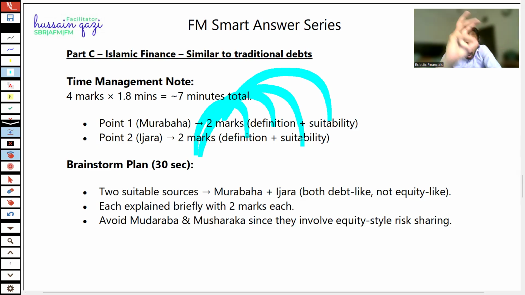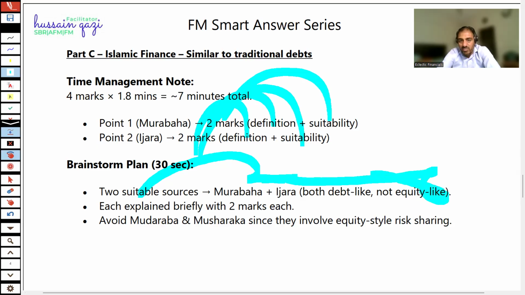So your brainstorming points are: number 1, 2 suitable sources, Murabaha and Ijara. That's not like equity, it's more about debts. Explain and apply for 2 marks. Avoid Mudaraba and Musharaka. If someone mentions Mudaraba and Musharaka, that's an irrelevant answer.